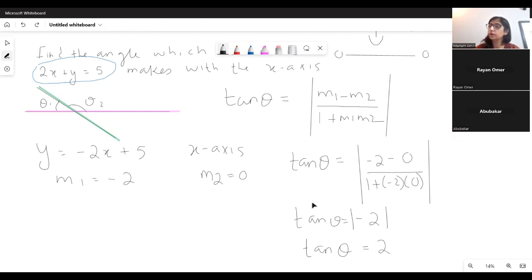So in degrees, are you getting 63.4? Yes, Miss. 63.4349. Write a long answer first, at least till 4 decimal places, and your final answer will be rounded off to 1 decimal place as required by the paper. 63.4 is the answer.